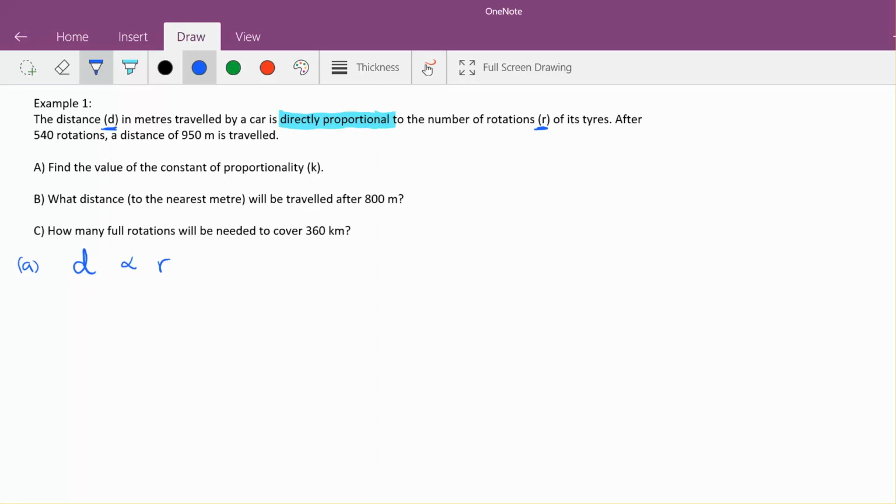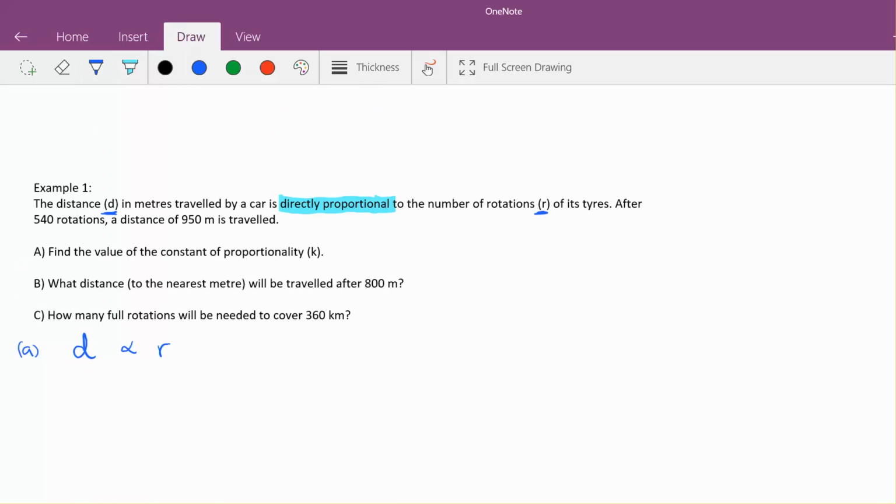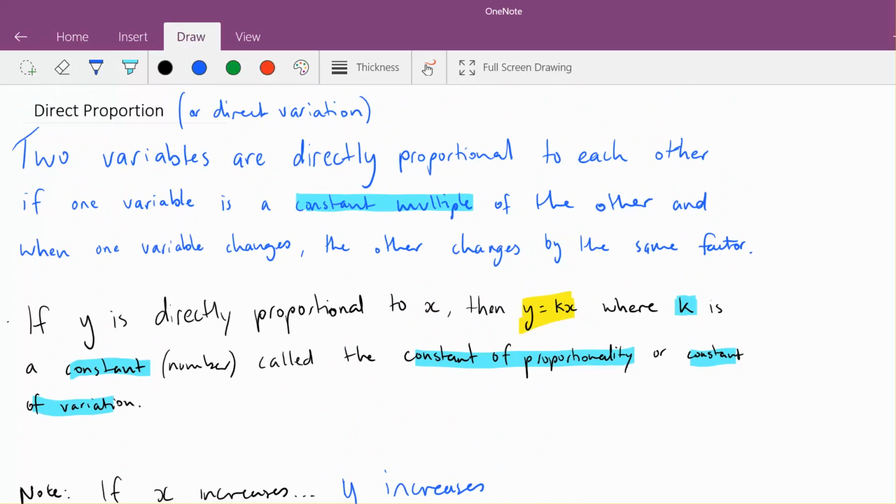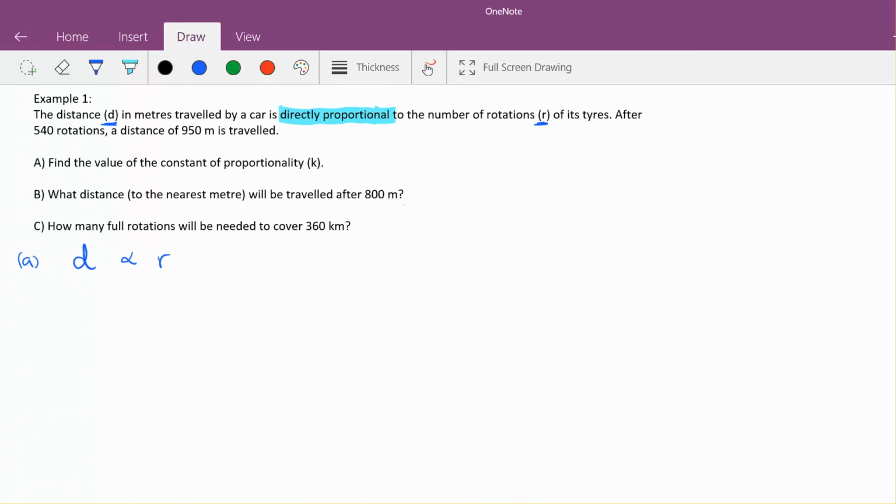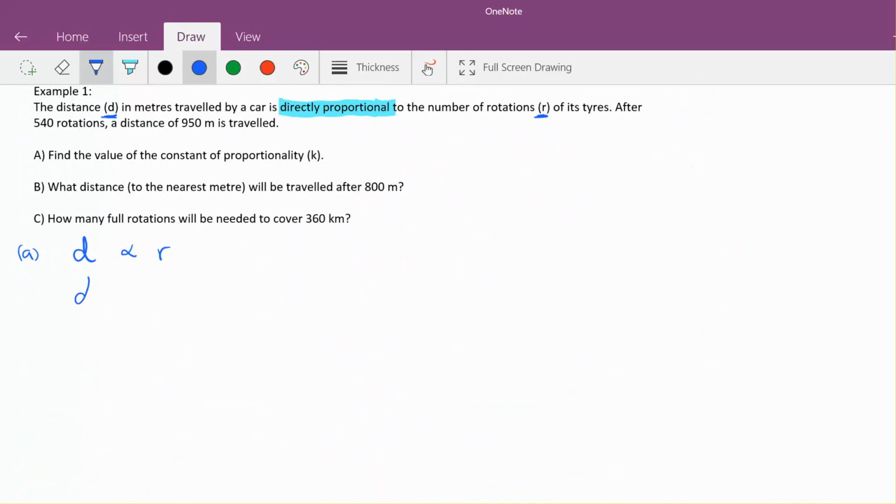That tells me that distance is directly proportional to the number of rotations. But remember up here, we saw if one variable is a constant multiple, we have to find this constant multiple, and that is k. So underneath this, we write d equals k times r, or kr, because k is that constant multiple.